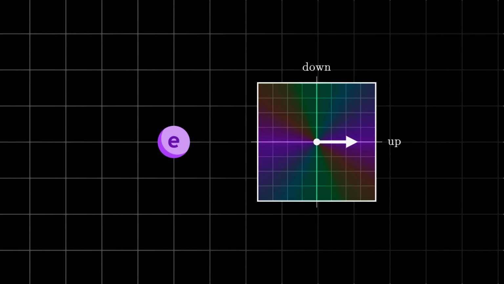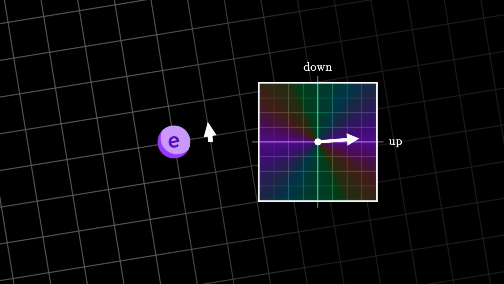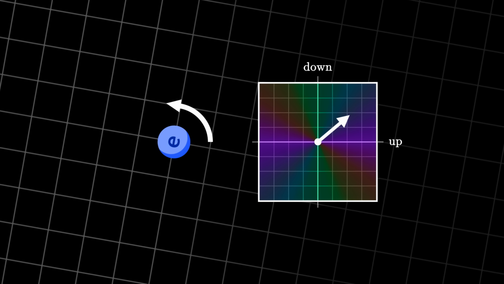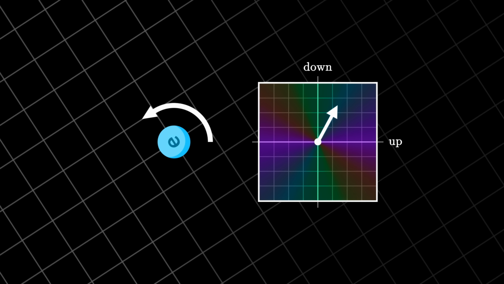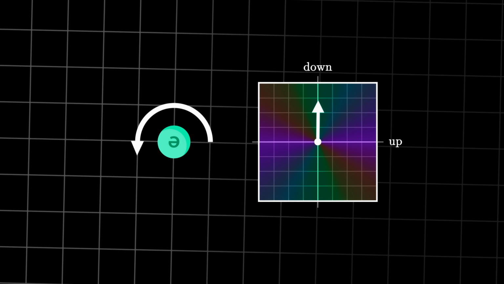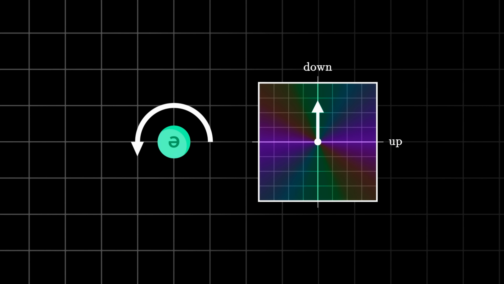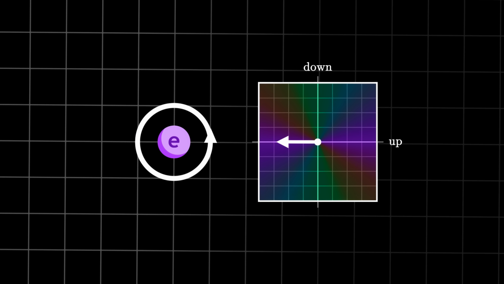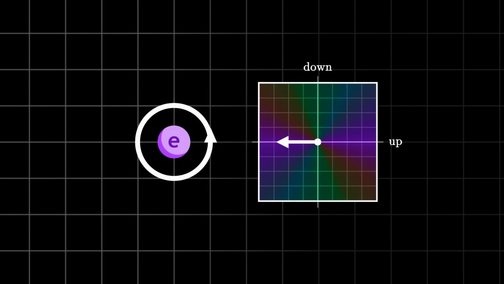If we rotate the electron, its spin state will also rotate in its abstract space, but only half as fast because its spin number is 1/2. A spin-up electron becomes spin down after 180 degrees. After a full turn, the spin-up electron has reached the opposite state, minus up, but this is physically equivalent to the initial spin-up state.